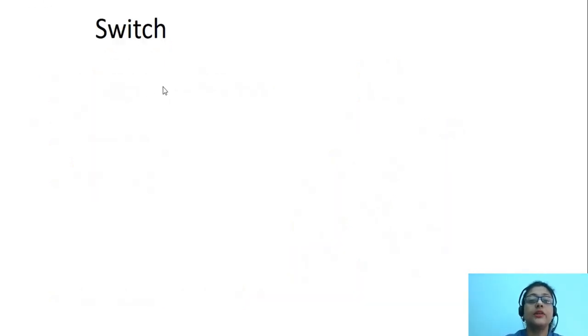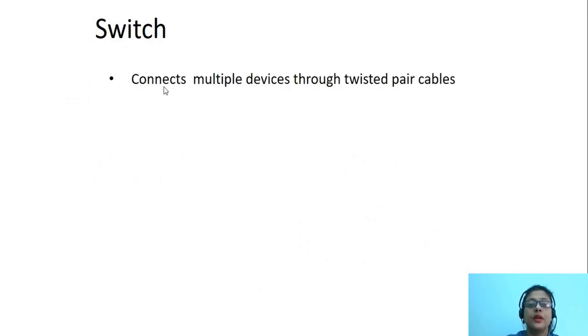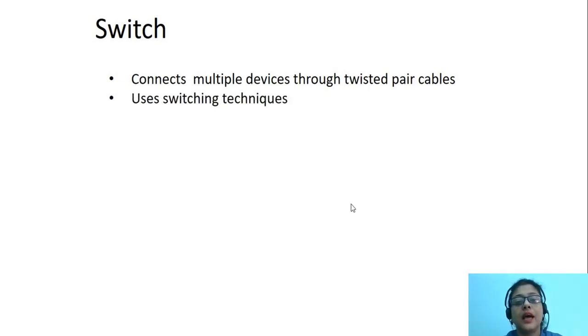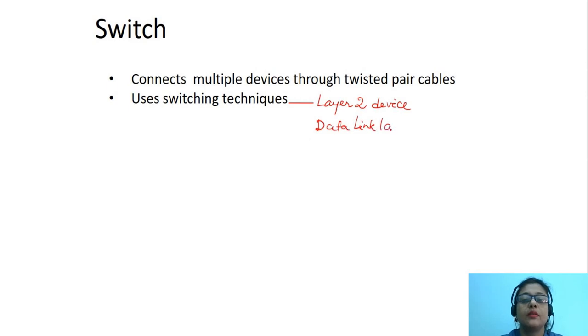Let us now turn our attention to switch. Now switch can connect multiple devices through twisted pair cables. It is also a layer 2 device. Layer 2 is the data link layer of the OSI model.